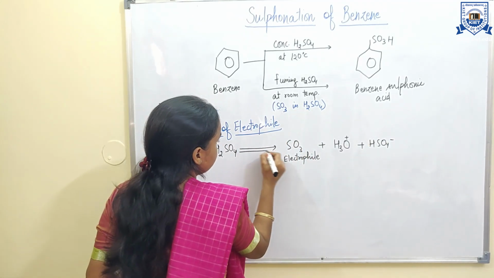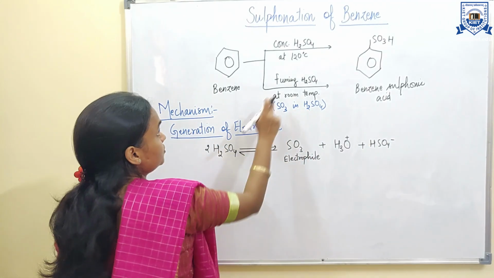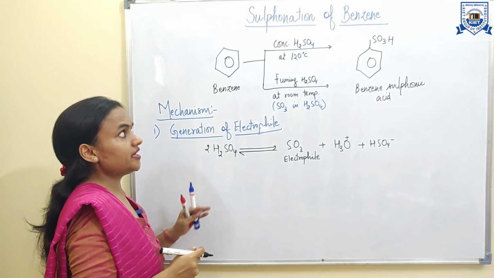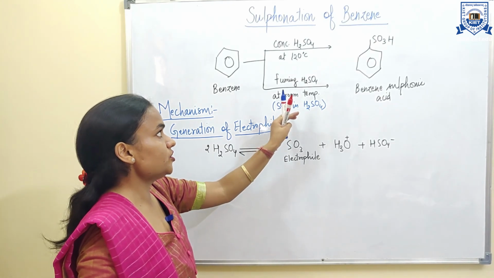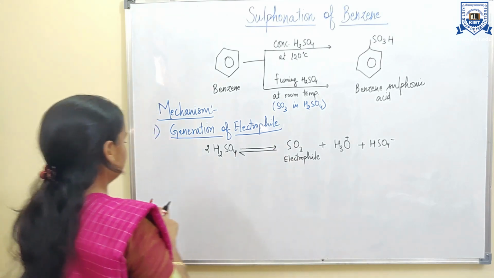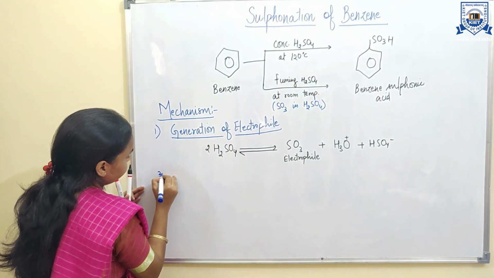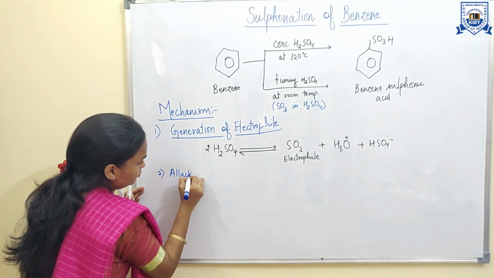It is a reversible step. If we use fuming sulfuric acid, then this step is not important because the sulfur trioxide is directly obtained as an electrophile.